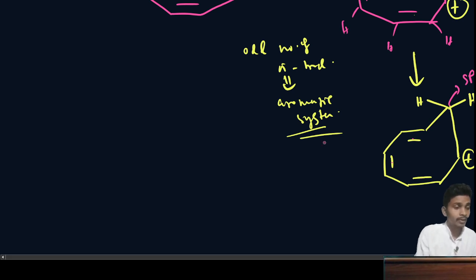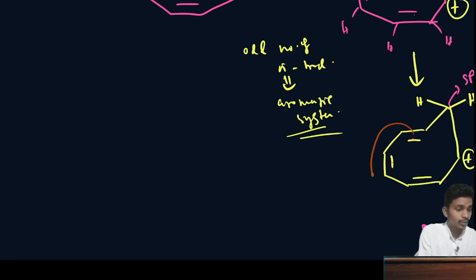Now, how do we apply the anisotropic effect? If we apply B induced, then this ring generates an induced magnetic field which is just opposite of the applied magnetic field, in this direction, just like aromatic systems.